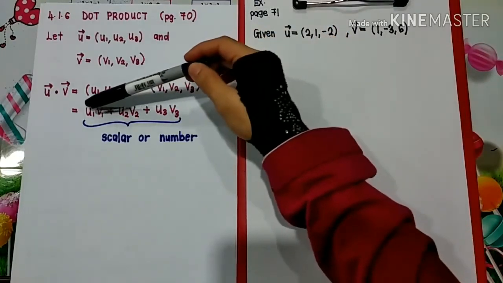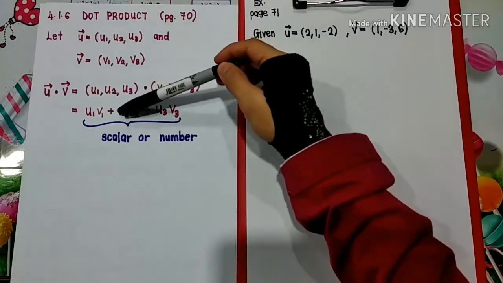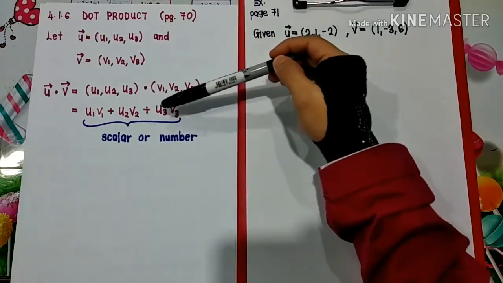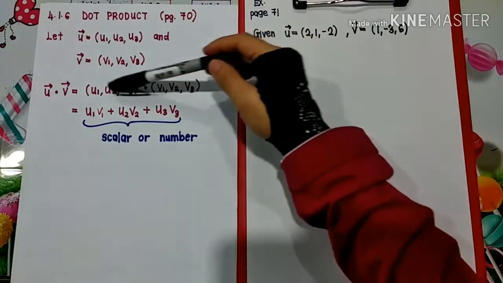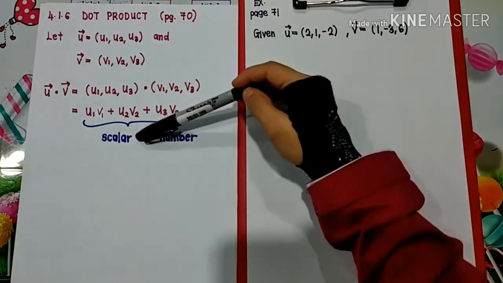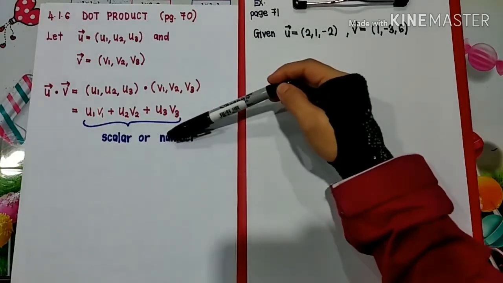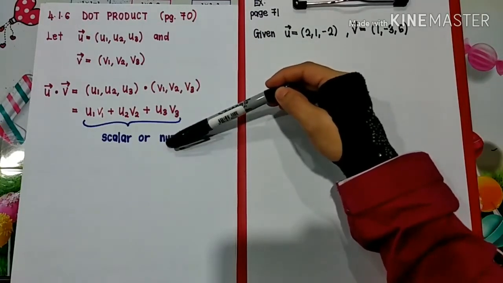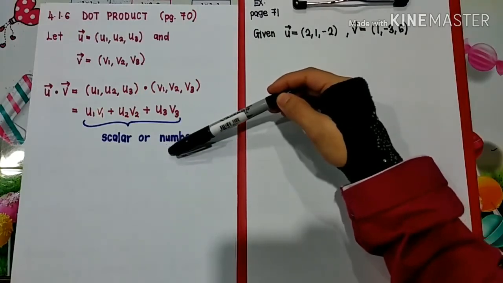So you get u1 v1 plus u2 v2 plus u3 v3. When you solve this, you will get a scalar, or a number. That means the dot product gives you a number as an answer.